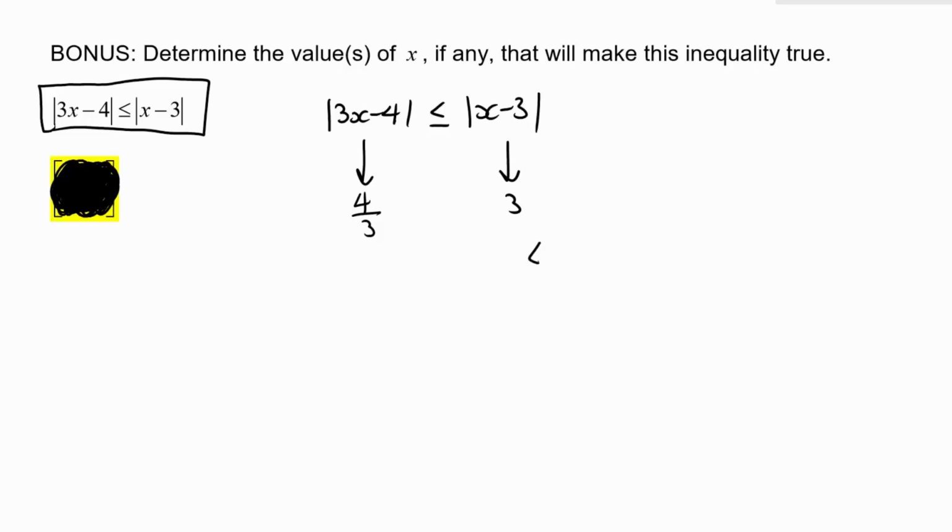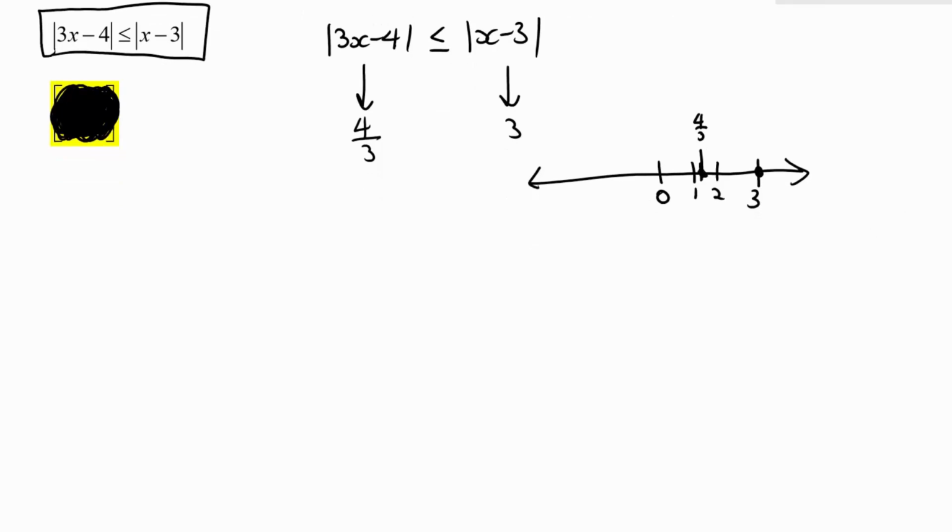And when we put 3 and 4 over 3 on the number line, let's say this is 0, we find 1, 2, 3 here, and 4 over 3 somewhere over here. So, this is called the interval method that I use to solve these kinds of problems.